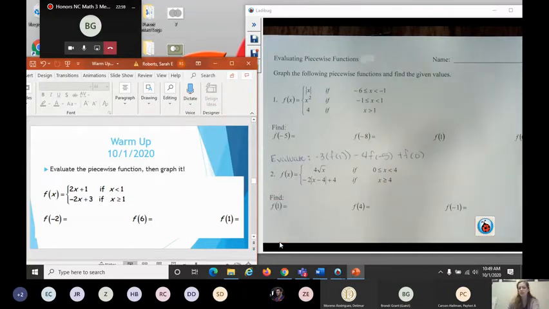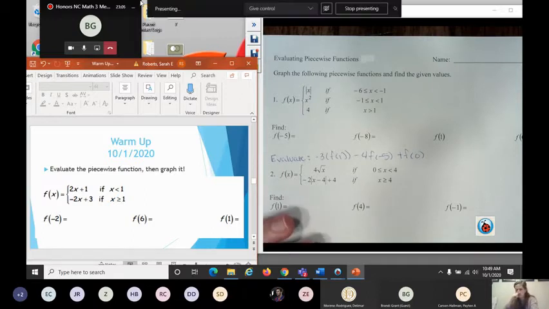I gave you something like that on the last homework and classwork assignments, and you kind of struggle with that, so we can go through those together as well.